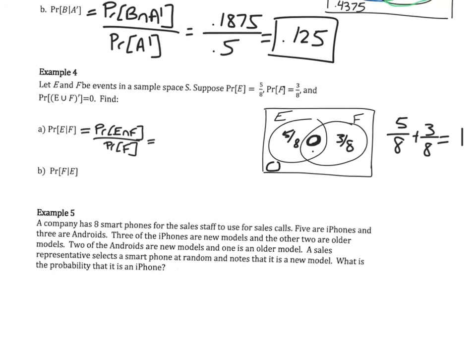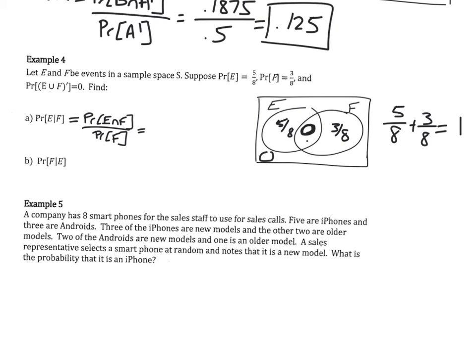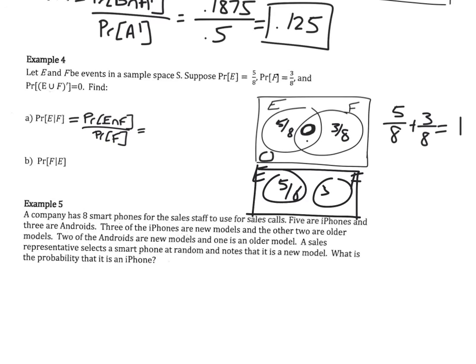By the way, there's a better way to draw this, really. It didn't tell us from the beginning of the problem, so we didn't know to draw it like this. But a better way to draw disjoint events like this, remember disjoint meaning they have no overlap, would just be to put no overlapping region. Still put 0 on the outside. So E and F is 0, divided by, doesn't really matter.